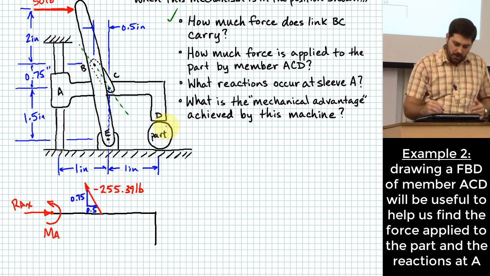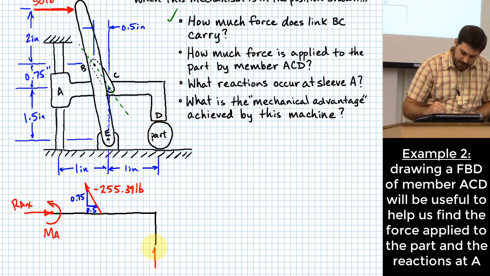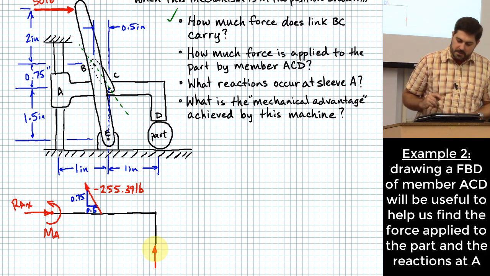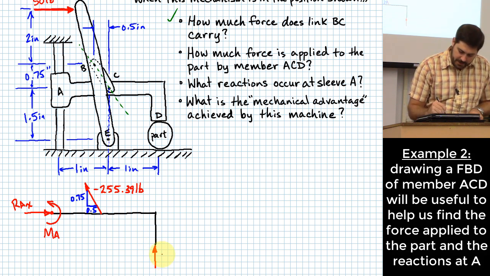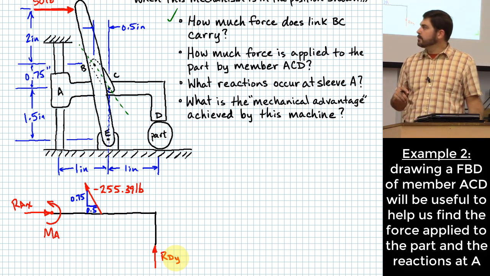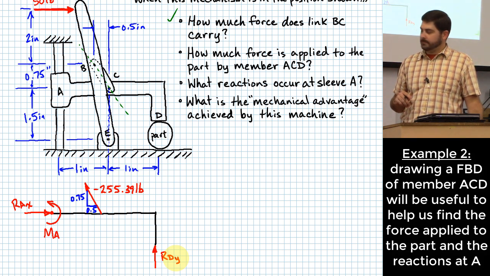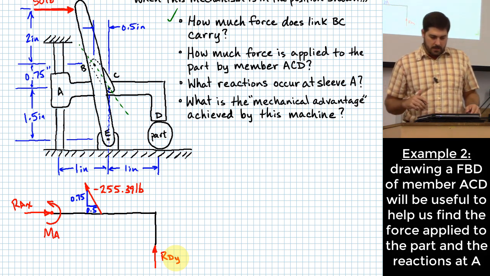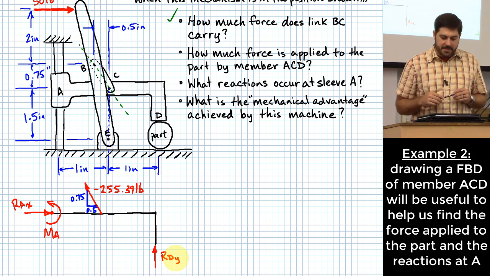So I'm going to show that compressive force that acts on the part, and that effect that happens on this member right here would act upward, right? So I'm going to maybe call this RDY. All right. Am I missing anything?